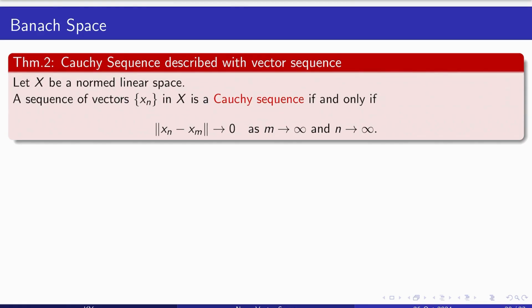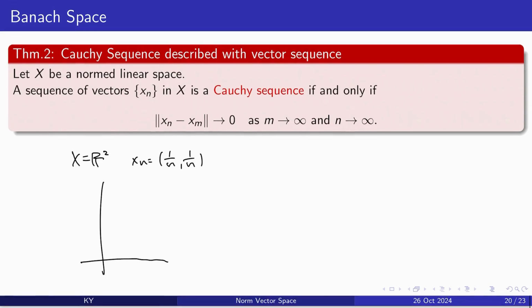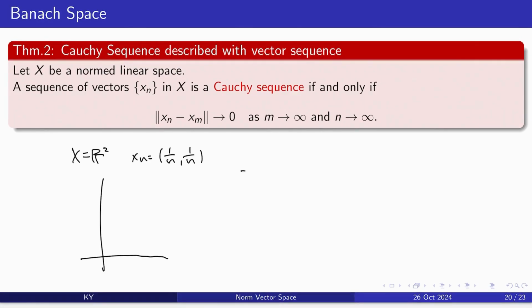So let me show you a visual way to understand this. Let's say your space is R2 and you have a sequence defined as 1 over n and 1 over n. To further understand what it means, let's write out our sequence, starting n from 1, and keep writing out a couple of terms.